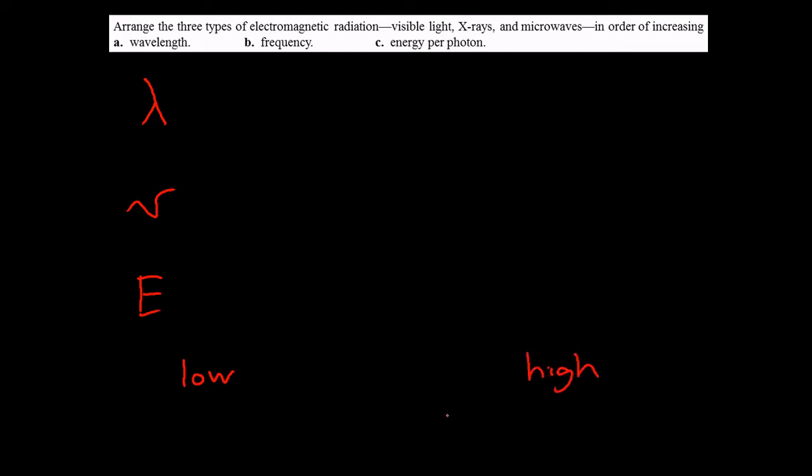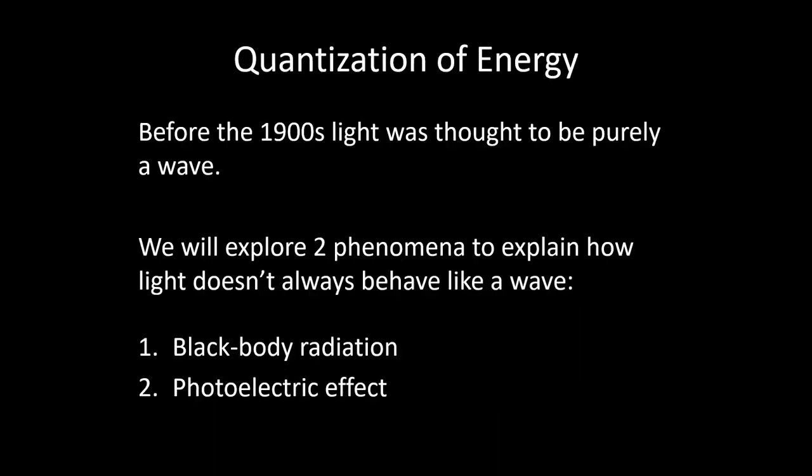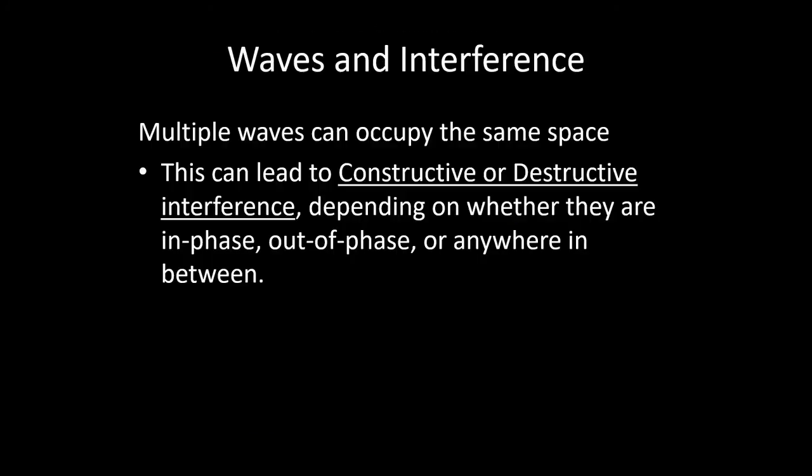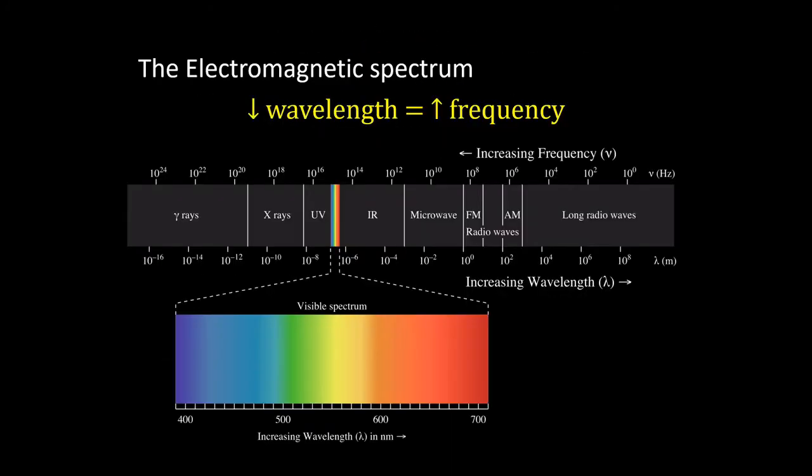So to figure this out, we are going to go back and look at that table from way back here. There it is, the electromagnetic spectrum. And we'll go ahead and do wavelength first, and then we'll be able to work out everything else using the wavelength.